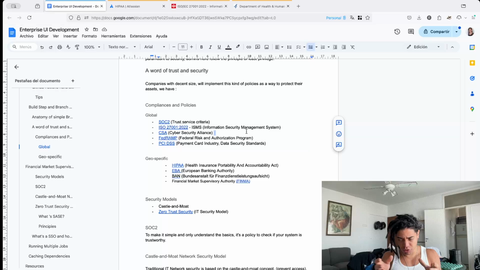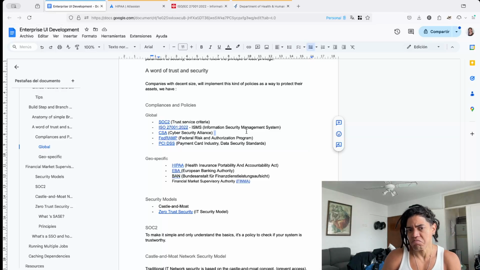First we're starting to look at the globals. For example, SOC 2, which you can briefly summarize by trust service criteria, and this is conducted by the American Institute of Certified Public Accountants.